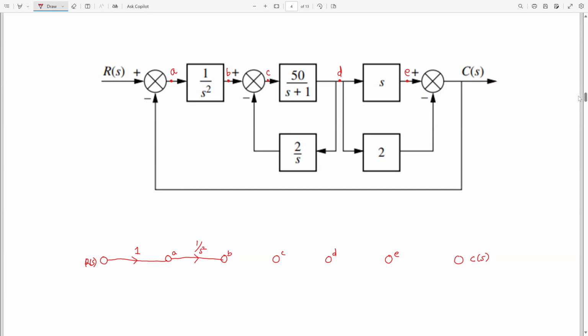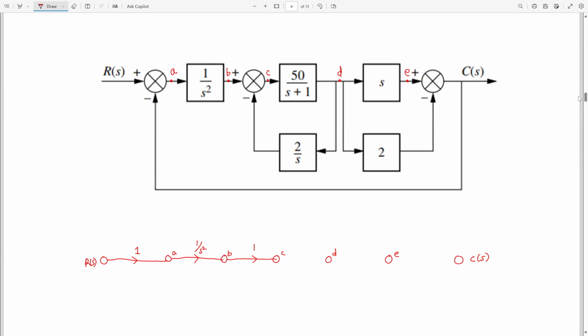Okay, so from B, there's C. Signal B is the input to the summing junction, and C is the output. So you already know where I'm going with this. From B to C is the transfer function of 1, because the transfer function of every line is 1, and it's +1 because of the plus here.